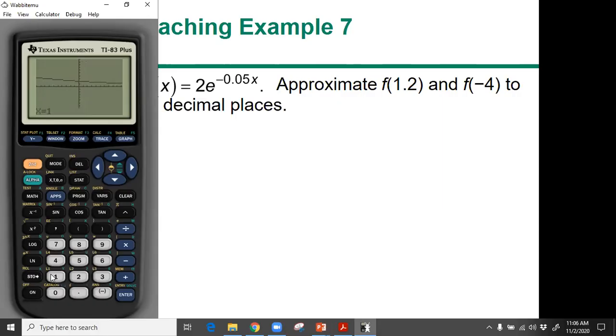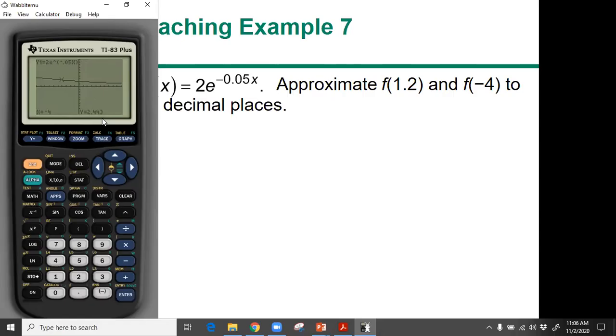It asks for 1.2, hit enter, and it tells me that's 1.884. Okay. Then it says, what is -4? I hit second, trace, value, and I type in -4, hit enter, and it tells me it's 2.443.